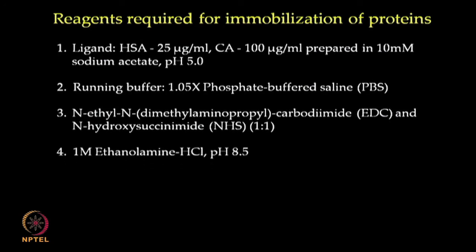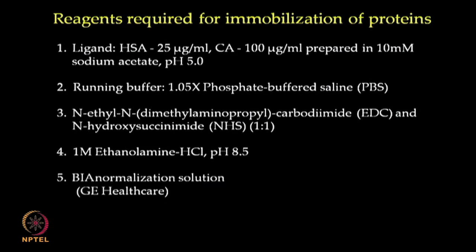1 molar ethanolamine HCl pH 8.5 is prepared for blocking the free ester groups on the surface. Lastly, we would require BIA normalization solution to normalize the resonance signal in all flow channels to compensate for small differences between individual sensor chips.